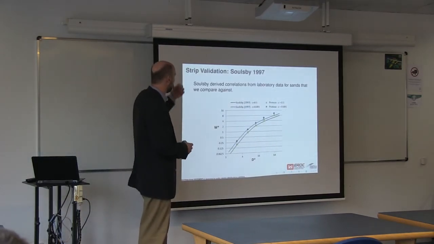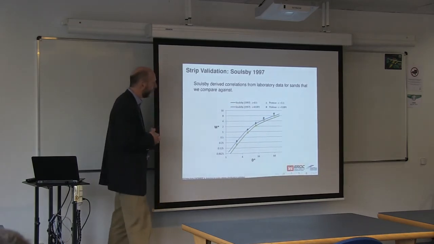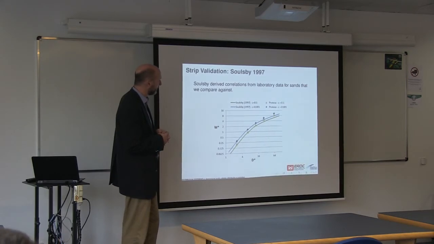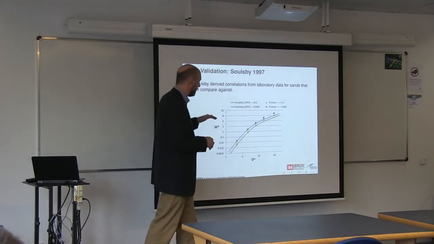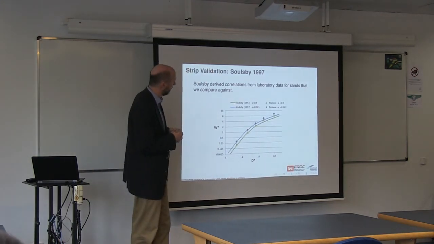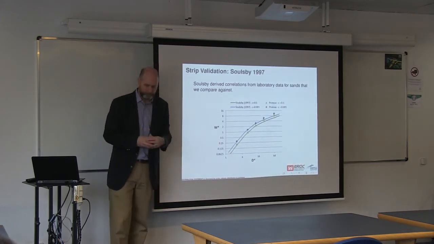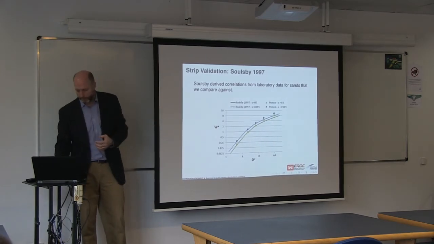Soulsby is a researcher who was at HR Wallingford for many years, who did a lot of work on experimental data and came up with some nice correlations for the fall velocity as a function of the grain diameter. Or I guess these are non-dimensional, so there's density in there as well. But anyway, we're getting reasonably close results for the fall velocity at different concentrations. And these are, of course, relatively low concentrations where we get this behavior.